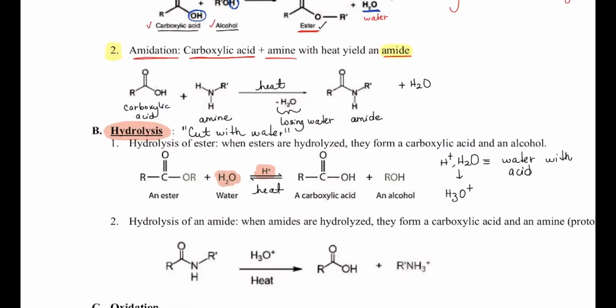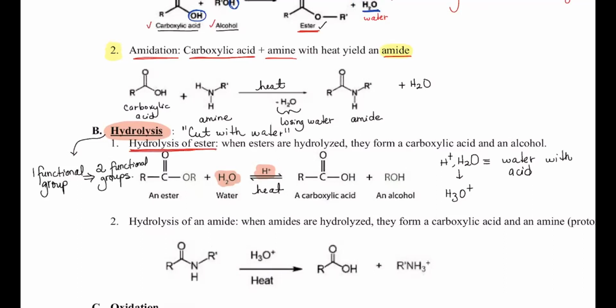Now, in the hydrolysis reaction in general, we're going to go from one functional group for the examples that we have, and then we are going to form two functional groups. Okay? And we can see here that we have the hydrolysis of two different functional groups. The first one is hydrolysis of esters.